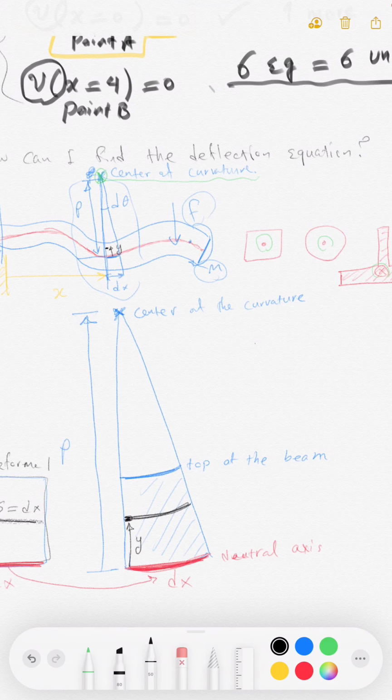But when I apply loading on it and it bends upward, then I see this ds is no longer ds. This is ds prime, which is smaller than ds. Why? Because on top of the beam you have compression, as you can see from the figure, so the length decreases, right? But again, dx remains dx in both the undeformed and this deformed version.